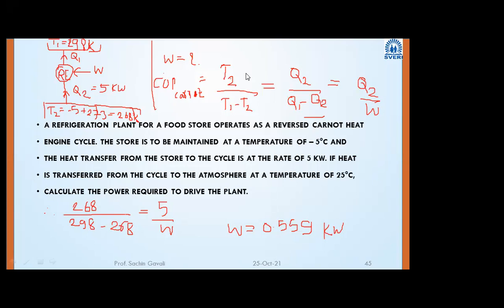Everybody got this? Next numerical. You write down. I will give 2 minutes.